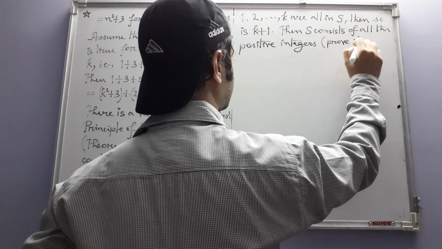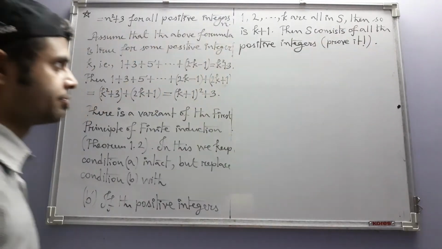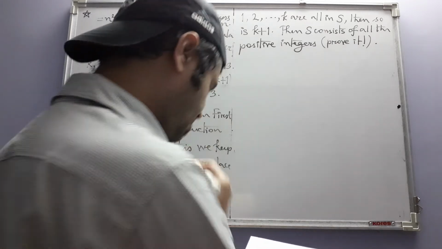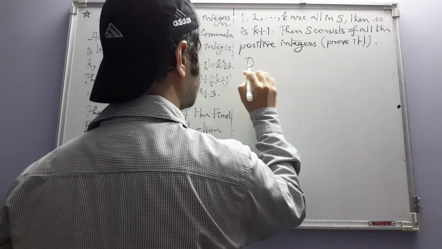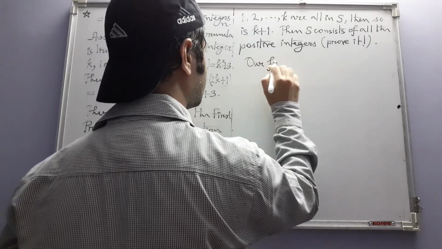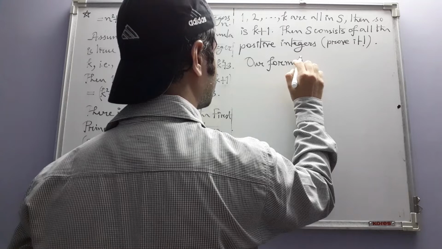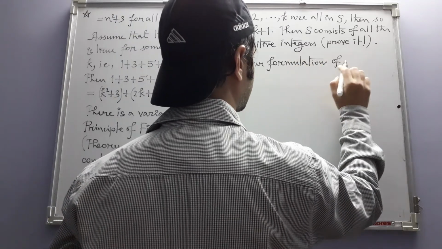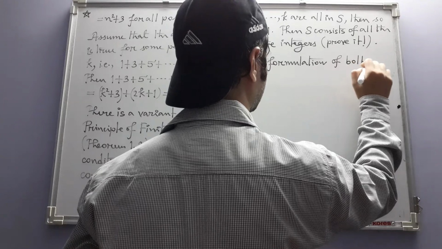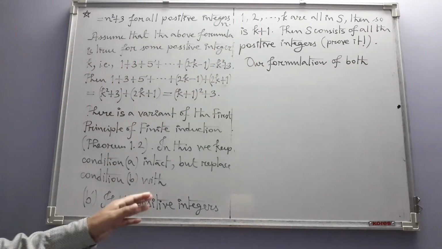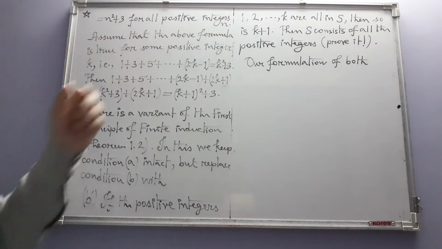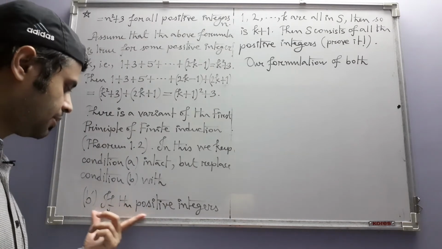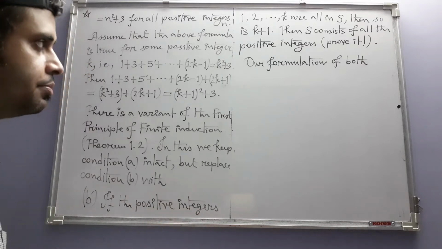Prove it. Our formulation of, and this one is known just like that was the first principle of finite induction, this is the second principle of finite induction, where we replace B with B prime.